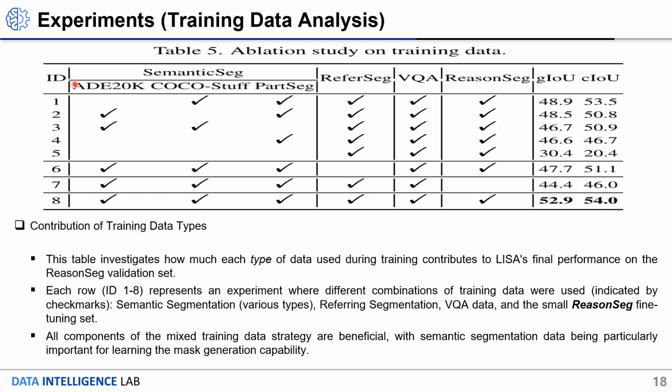Now for the structure, each ID represents an experiment where different combinations of training data were used, indicated by check marks: semantic segmentation datasets of various types, referring segmentation, VQA data, and a small ReasonSeg fine-tuning set. Now, all components of the mixed training data strategy are beneficial, with semantic segmentation data being particularly important for learning the mask generation capability.